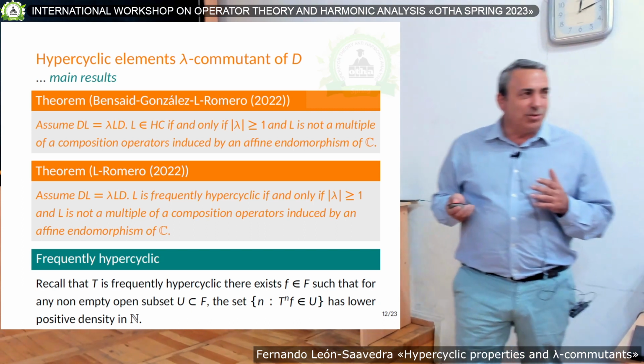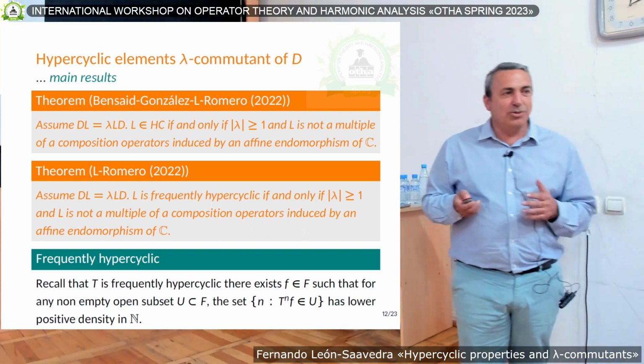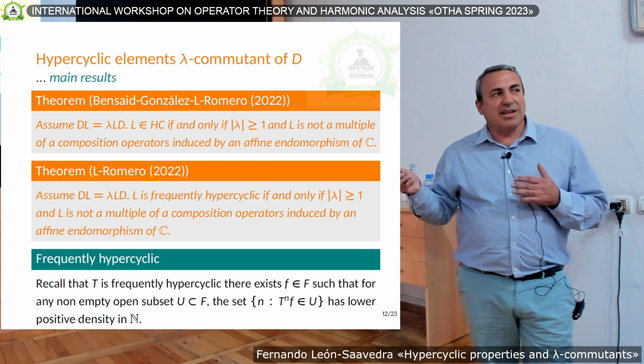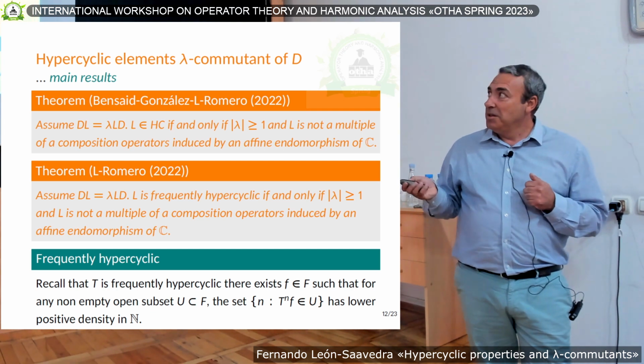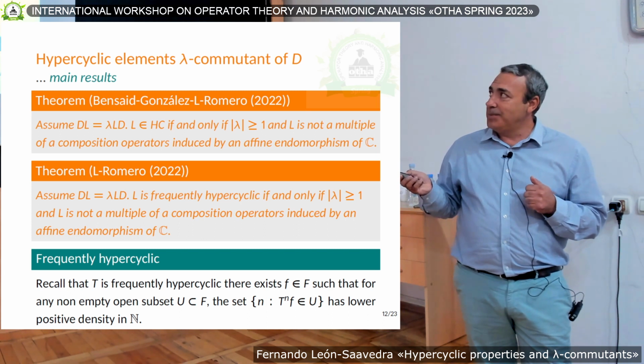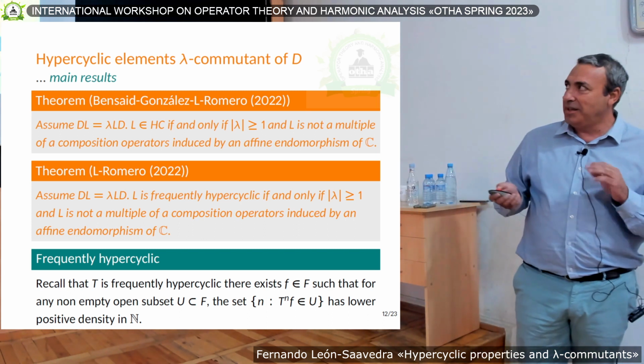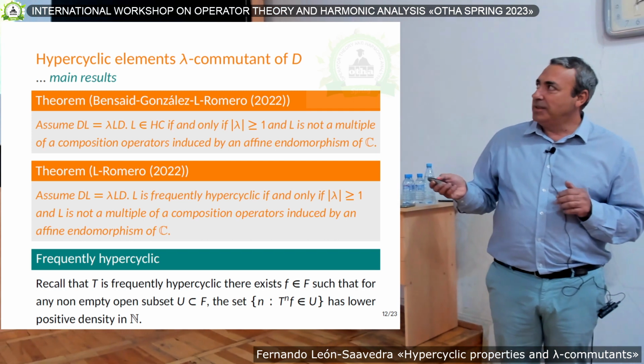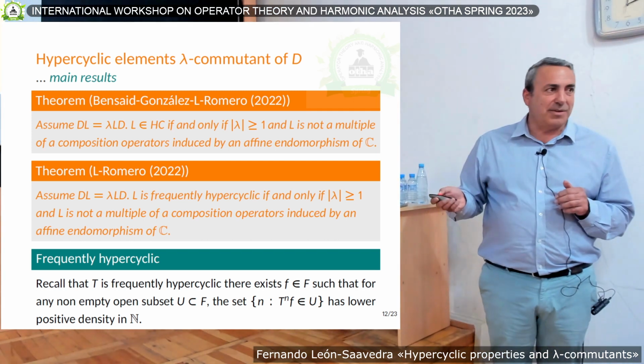But much more is true. Recently, we were able to prove not only this characterization, we proved that this operator is frequently hypercyclic, if and only if the same condition is satisfied. I will explain frequently hypercyclic later.